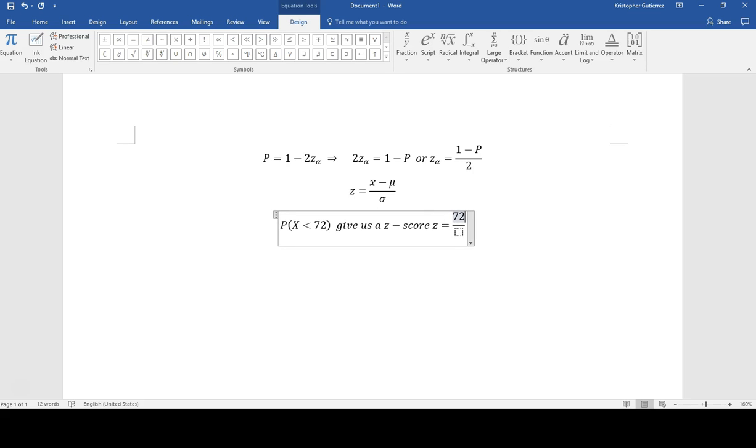My apologies. X greater than 72. So we're looking for a z-score that will be 72 minus our mean, which is 68.6, and divide that by 2.8.